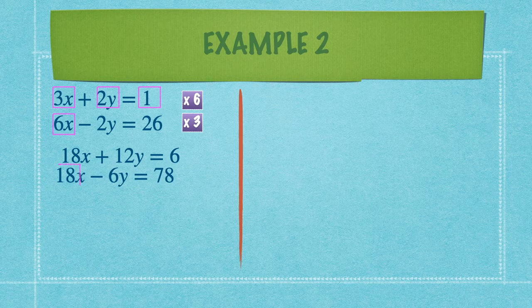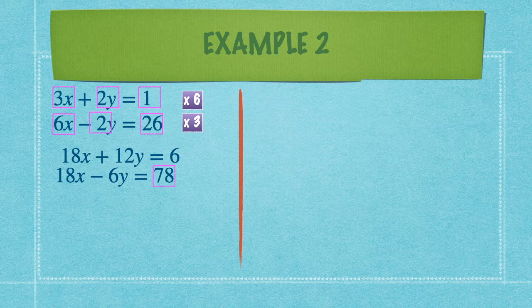Rewrite the x, and negative 2y times the 3, so that will give us the negative 6y that you're seeing there. Finally, we multiply 3 times 26, and that will give us 78.